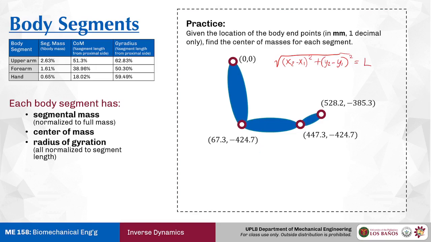Now, why are we getting the length of the segment? That is because our center of mass definition is based on percent segment length from the proximal side. So let's say, for example, let's try to get the length of the humerus from here to here.